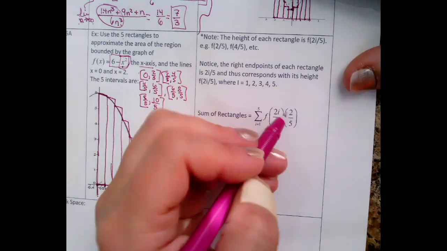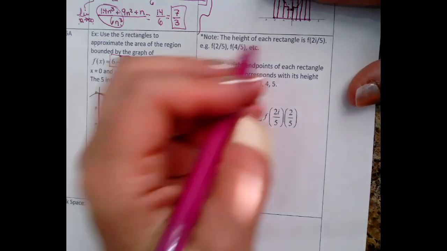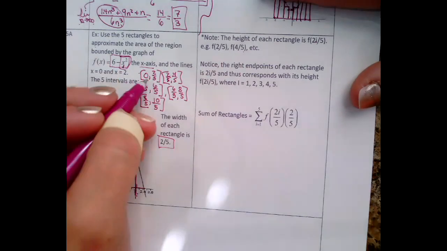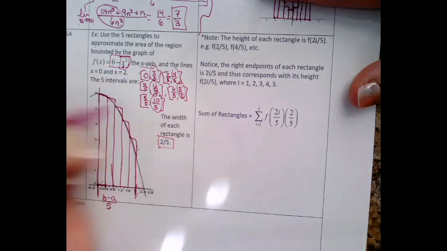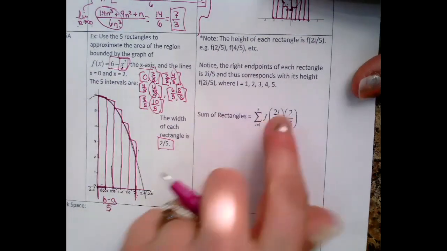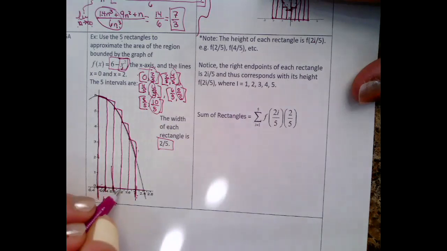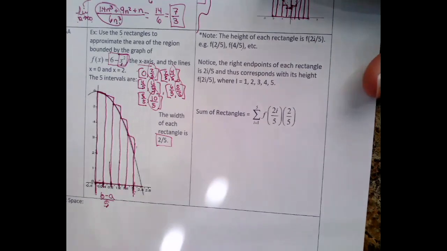It's our width at this particular x point, so that's why we're calling it i. That would be 2/5, 4/5, where i corresponds with 1, 2, 3, 4, 5. That corresponds with the right sides of those rectangles. I don't know why I'm calling them triangles.